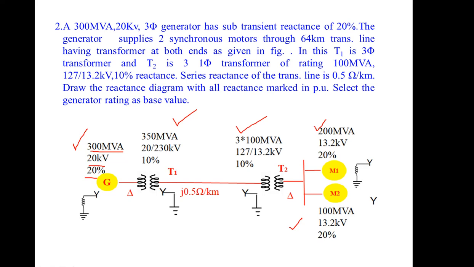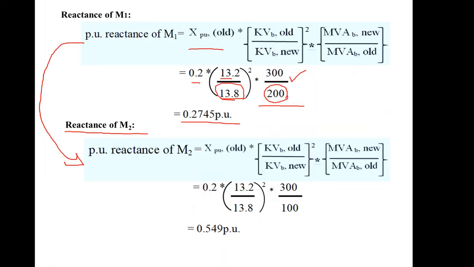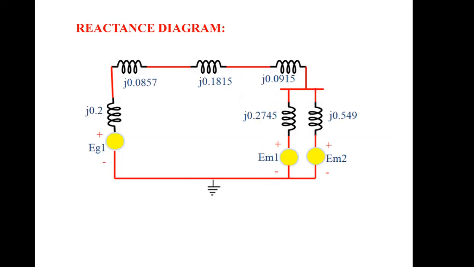More or less M1 and M2 are the same, the only difference is that for M1 the old value is 20 MVA. So the change is in the MVA. 20 percent is 0.2, MVA new is 300, and old is 100 MVA as given in the diagram. So we get 0.549 per unit.